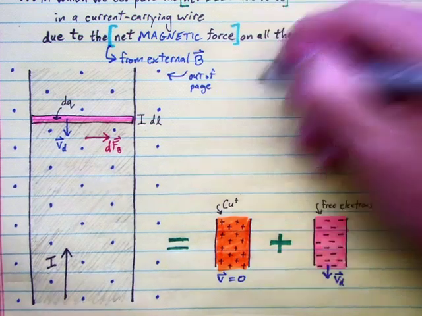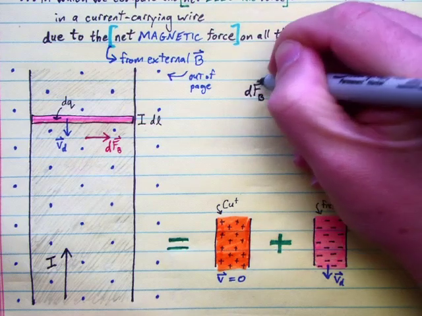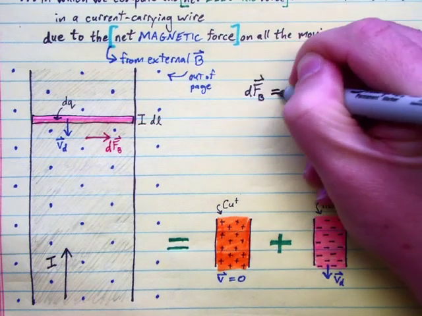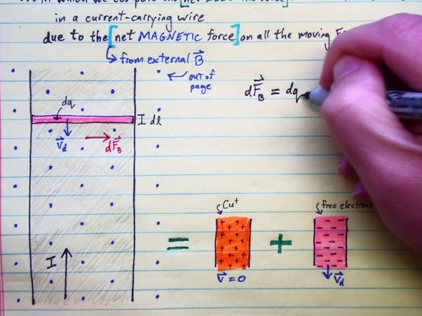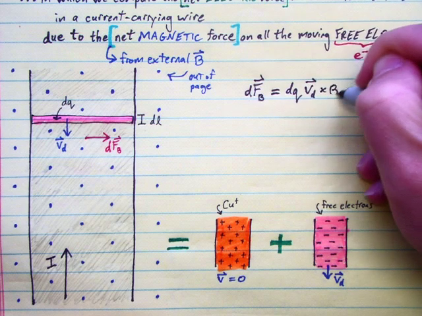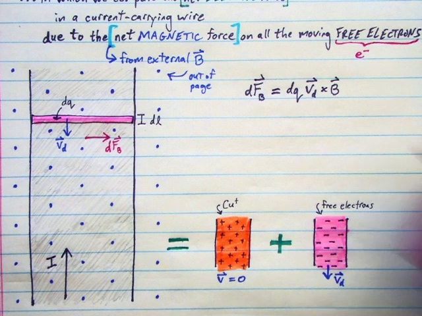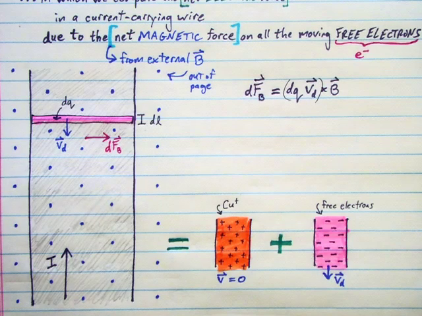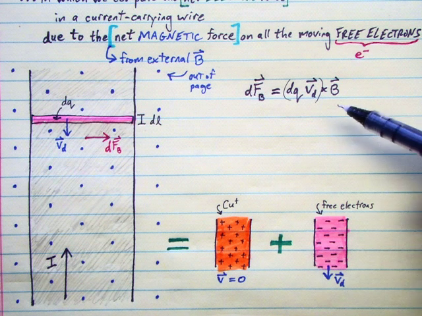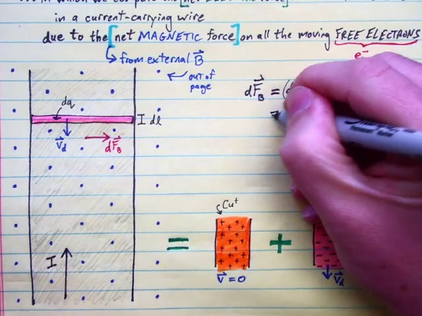So we have that infinitesimal magnetic force on that charge equals dq times our drift velocity, crossed with our magnetic field. We've seen previously that this combination, dq times v, can be expressed as the current I times dl. So let's rewrite this as I dl cross B.